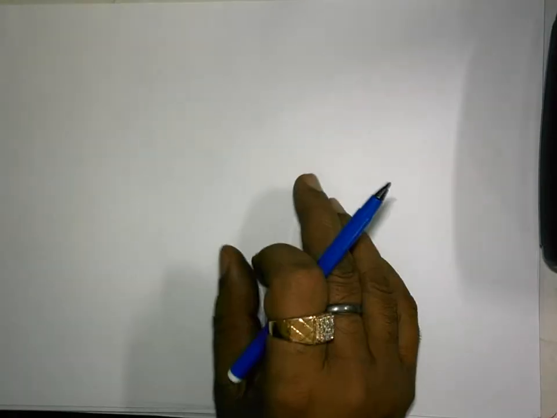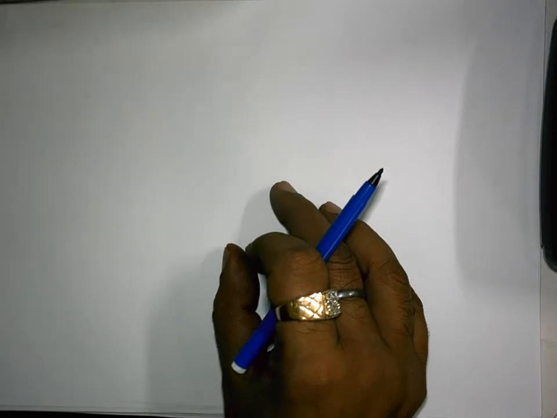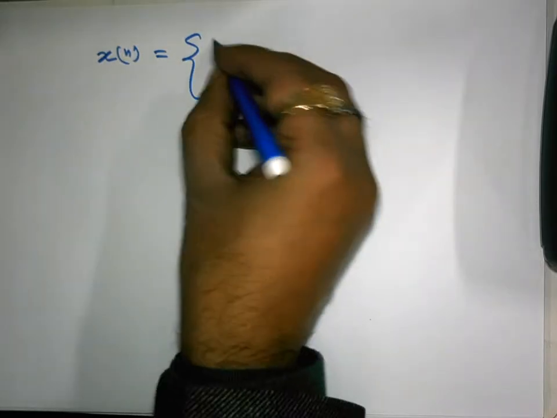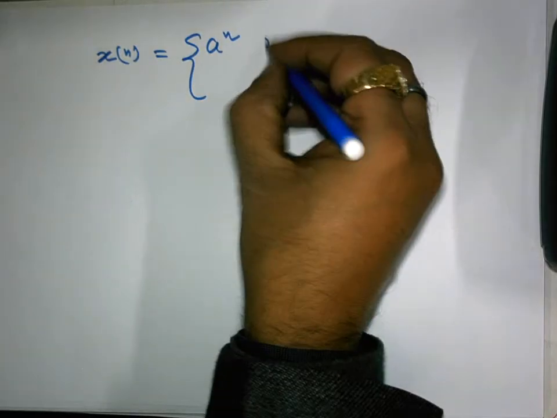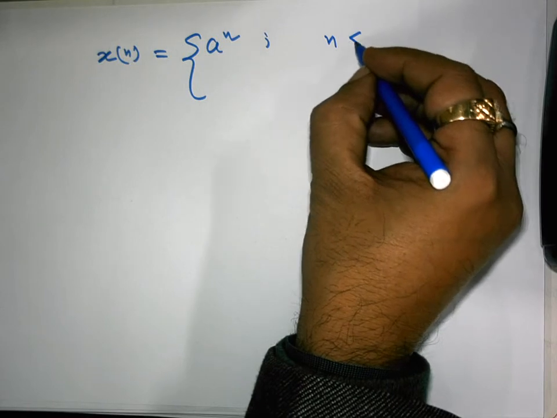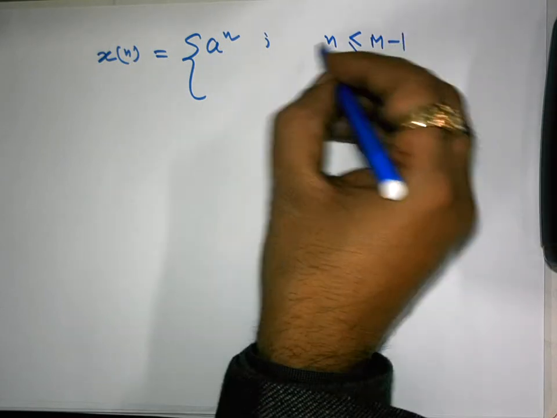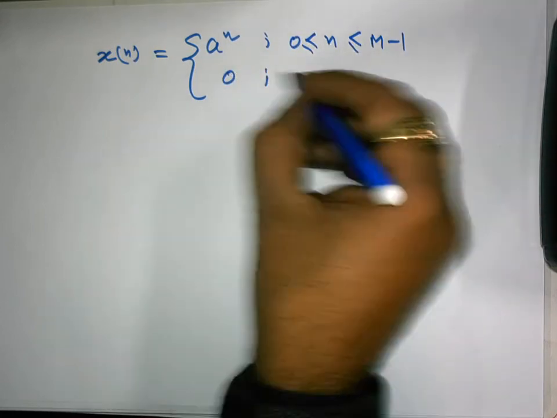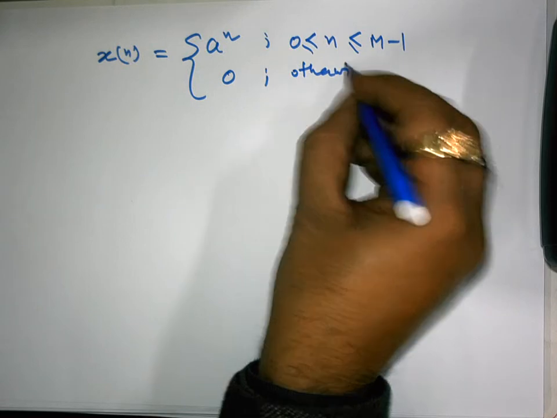Now, let us do some more exercise. Determine the pole-zero plot for the signal x[n] equals a to the power n for n ranging between 0 to M minus 1, and 0 otherwise.